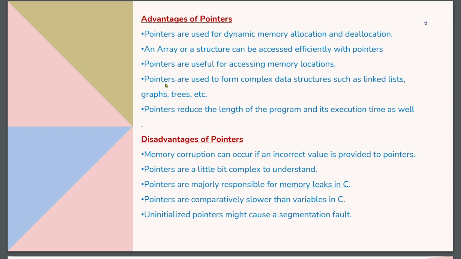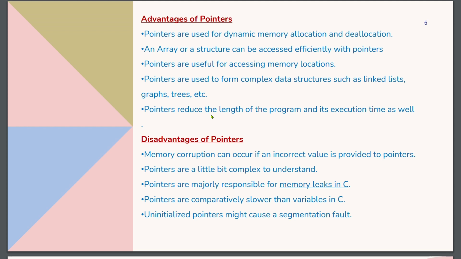In languages like C++ or any high level language, when you learn about linked lists, graphs, trees, you will use pointers many times as a basic concept. Pointers reduce the length of the program and its execution time as well.